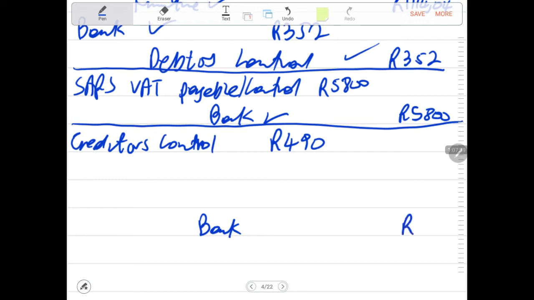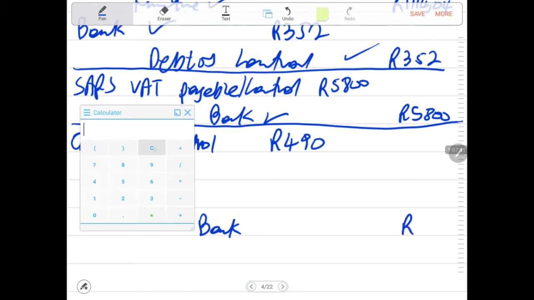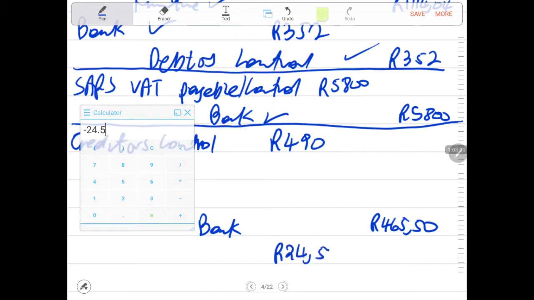Bank will be 95% of the 490. We multiply 490 by 95%, and we discover that R465.50 is the amount that we have paid. Minus 490, we discover that there was a discount of R24.50.